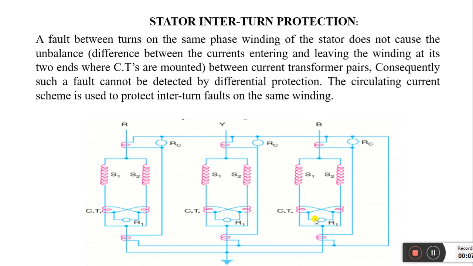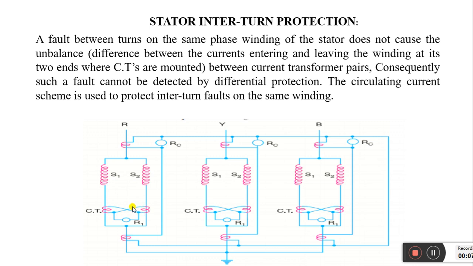In normal condition, when there is no fault or there are no stator internal faults, what will happen? The same amount of current will be flowing through the stator winding S1 and S2 in all phases, and the same current will circulate through the secondaries of the CT also.